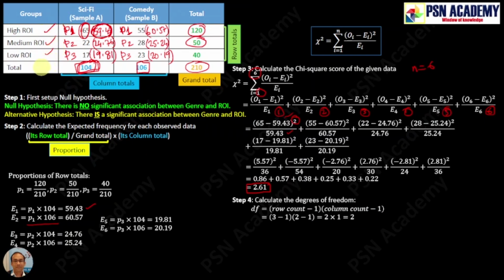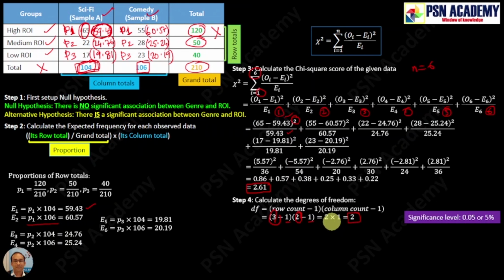Do not include the fourth row, because that is for summing up the data. Also do not include the fourth column, which is also for summing up the data. So you have only 2 columns. So we have 3 rows minus 1, 2 columns minus 1, and you get 2. So degrees of freedom is 2.